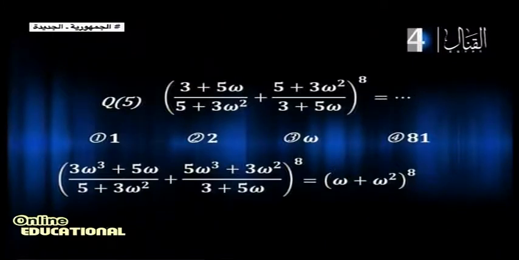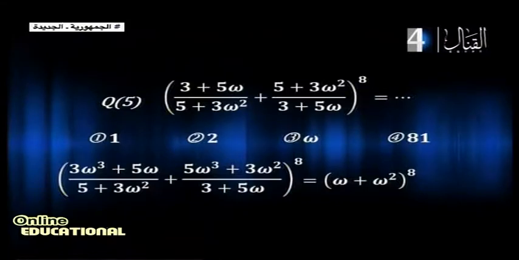Why? Because if we take omega from the numerator of the first term, the same as the denominator, it equals omega. By the same method, after taking omega power 2 from the numerator of the second term, the remainder equals 3 plus 5 omega.